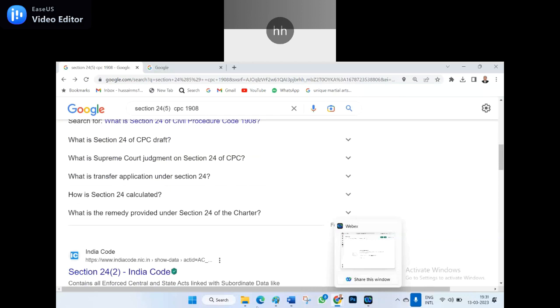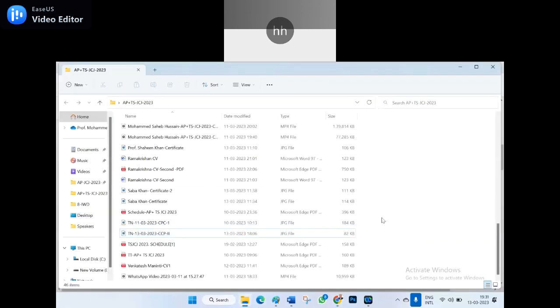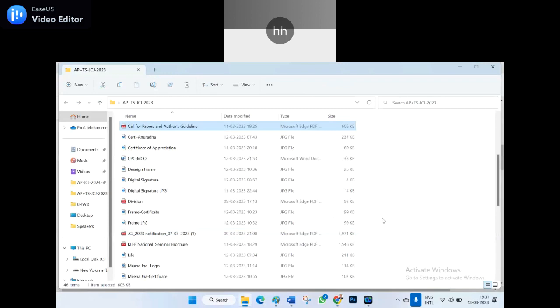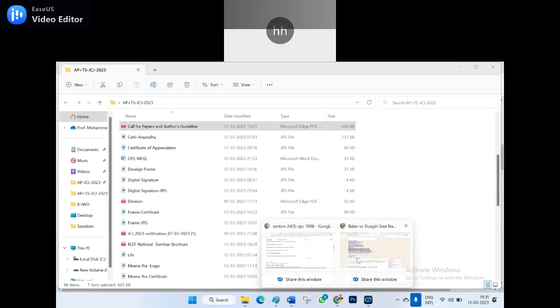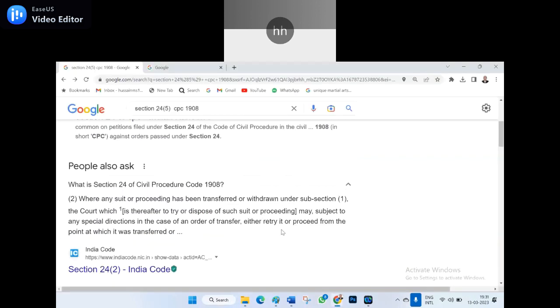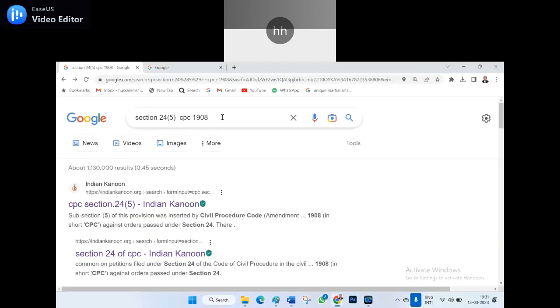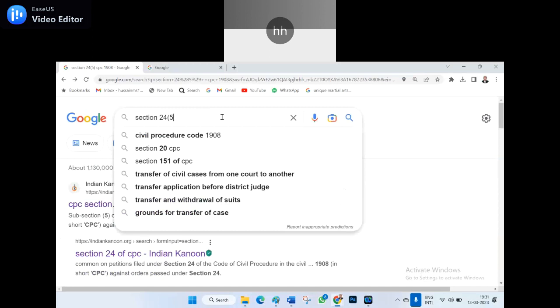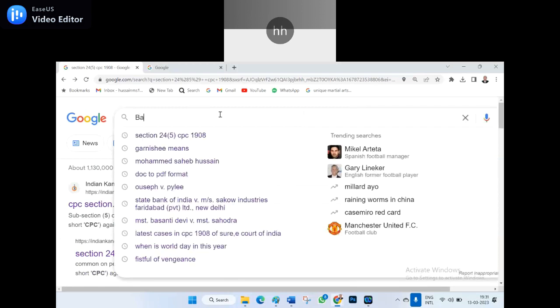So now let us check the original CPC bare act. CPC, where I think I downloaded it. CPC Bare Act. Because when I read it, Section 24, subsection 5, it said. But let me see the Bare Act, then we can know it.